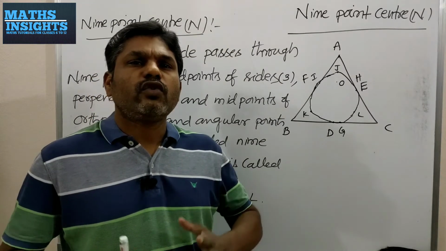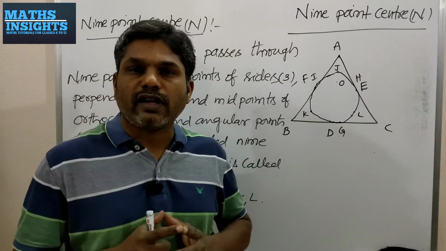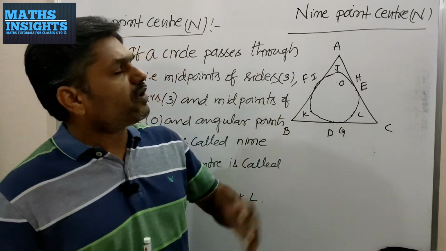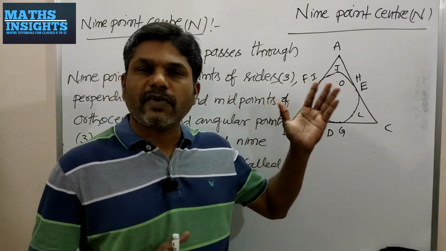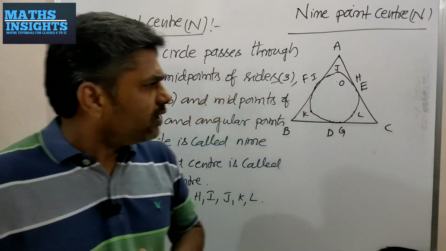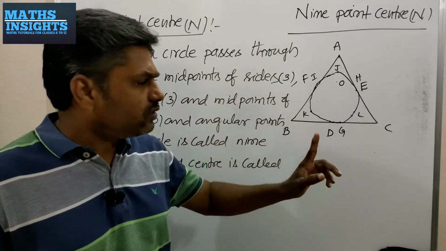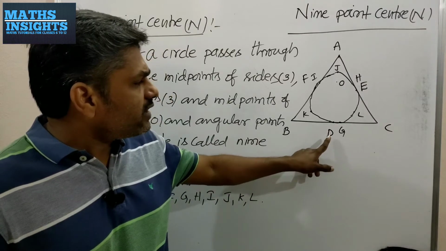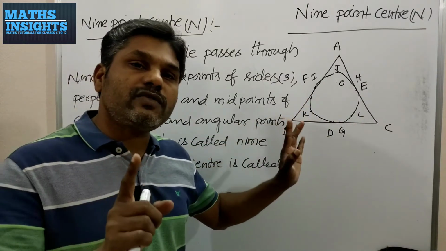Finally, we are going to discuss a very important center of a triangle, that is called the nine-point center, and generally it is denoted as capital N. Very simple. See, in the triangle ABC, you will have three points called D, E, F, which are midpoints of the sides.